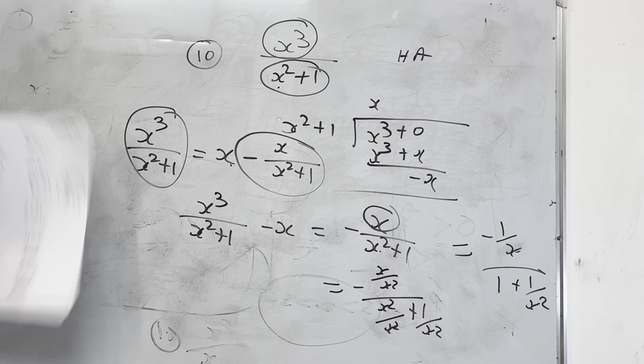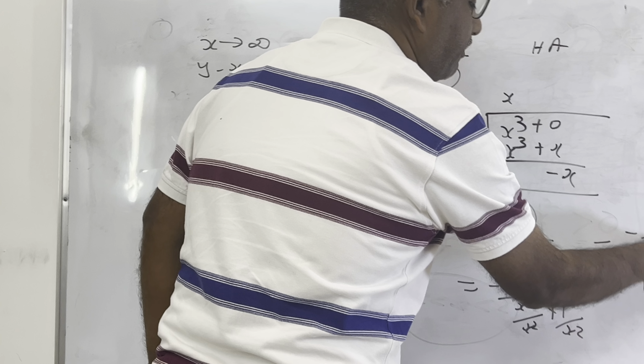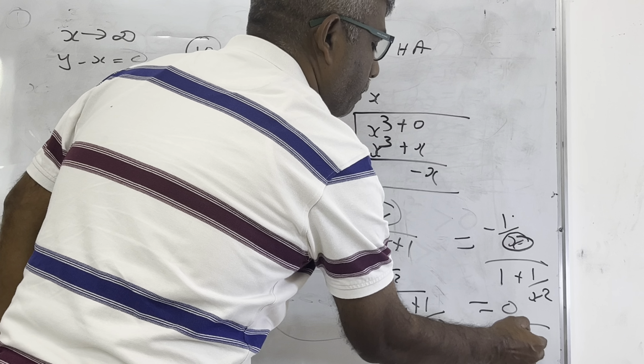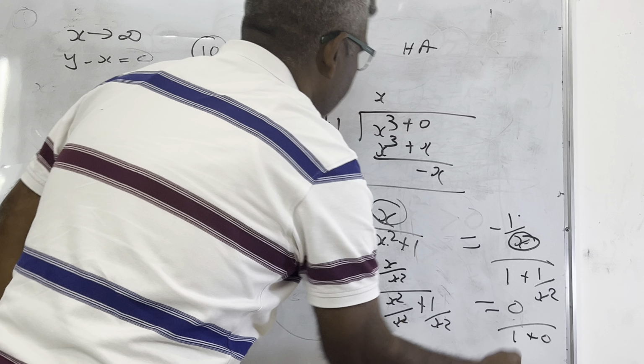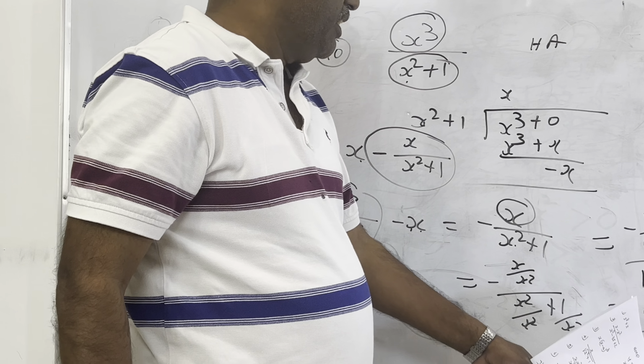As per the slant asymptote, when x is approaching infinity, y minus x is becoming 0. What will happen when x is approaching infinity? It will be 0 over 1 plus 0, which is 0. So y minus x is 0 when x is approaching infinity, so it is called a slant asymptote.